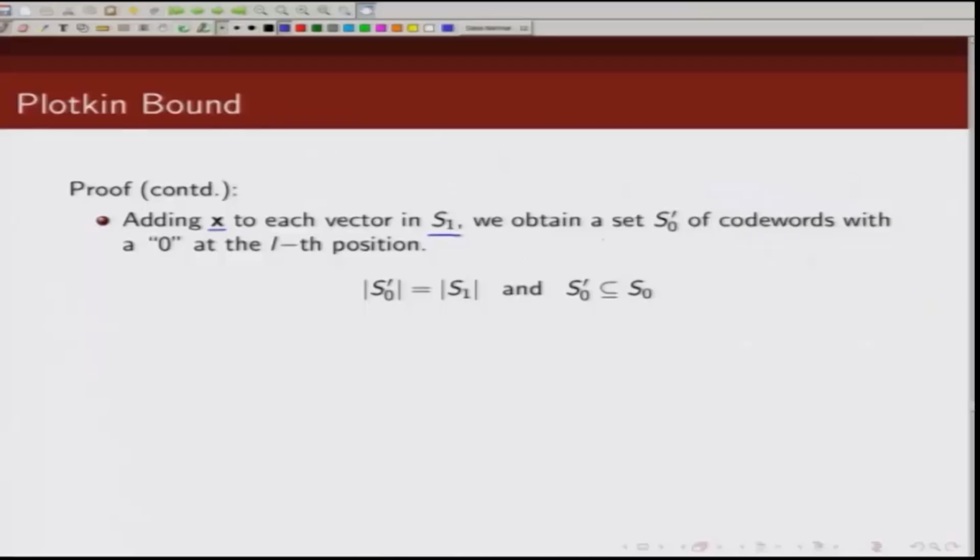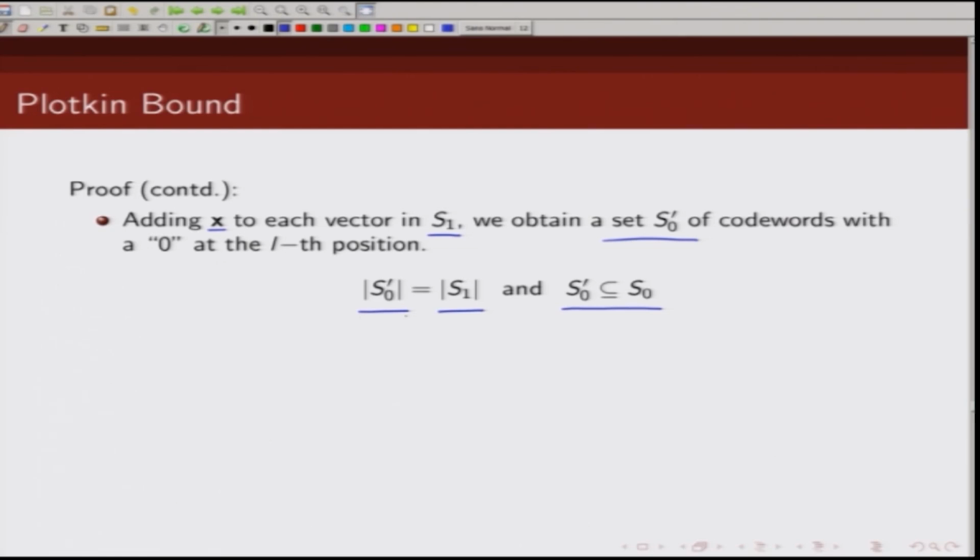We denote this new set by S0 prime, which will have 0 at the lth location, and the number of code words in S0 prime will be the same as the number of code words which have 1 at the lth location. And of course, this S0 prime will be a subset of S0, the set which has 0 at the lth location.